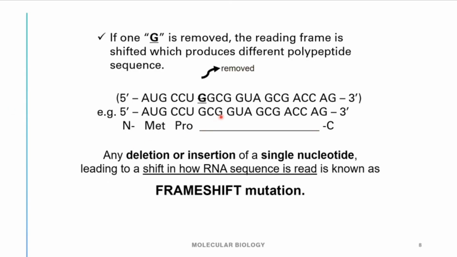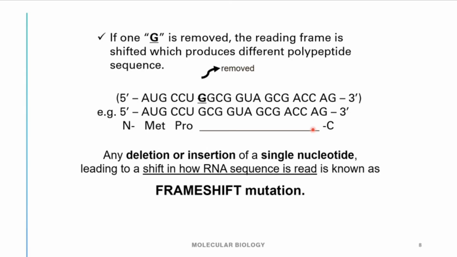The next codon in this case is GCG, which corresponds to alanine. Moving on, GUA, valine, GCG, alanine, ACC, serine, and we don't really know what's happening after the G here. And you will notice that this sequence becomes very different from the sequence that we had in the previous slide.